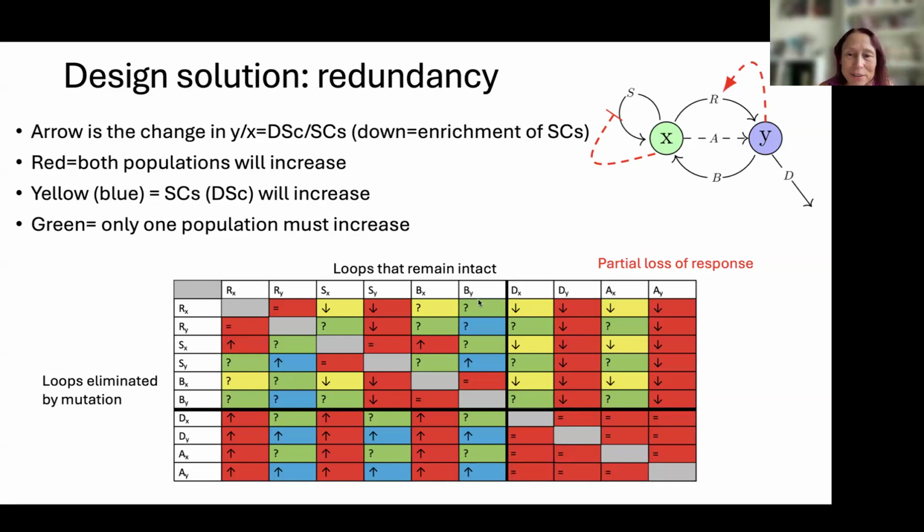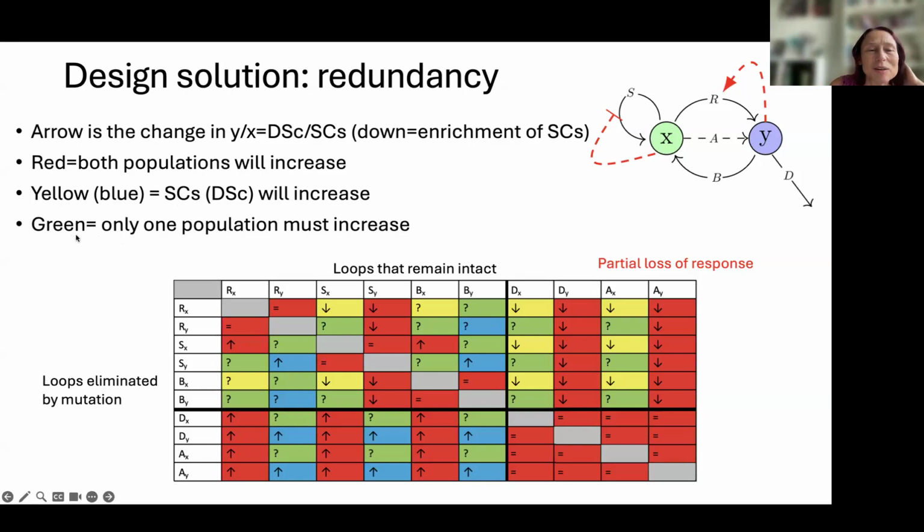So every time we see an arrow that goes down, this means that in this particular combination of two loops, the existence of a mutant will lead to the enrichment of stem cells. Okay, so now colors. Red means that a mutant will give rise to both populations increasing. Yellow means that stem cells will increase. Blue means that differentiated cells will increase.